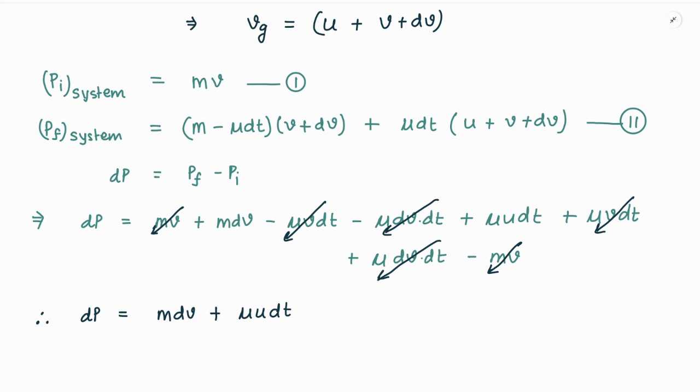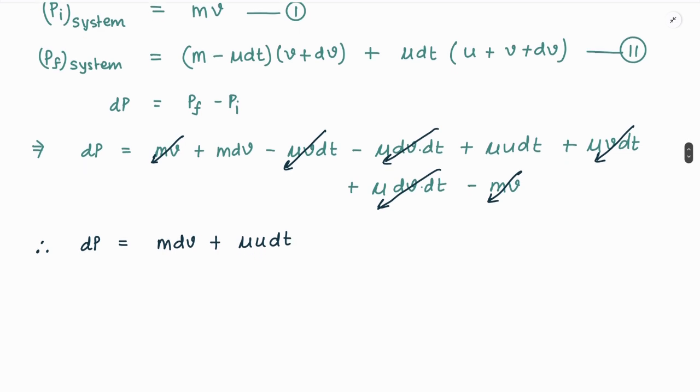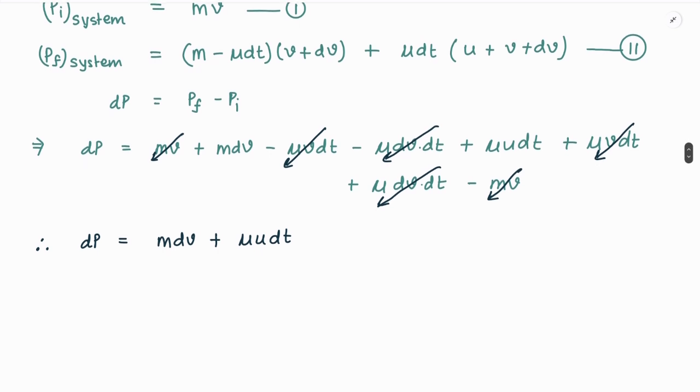If we are calculating the force, then for the force expression we need to calculate dp by dt, so we differentiate with respect to time. On differentiating this term with respect to time, we get dp by dt, which is the external force, equal to m dv by dt.